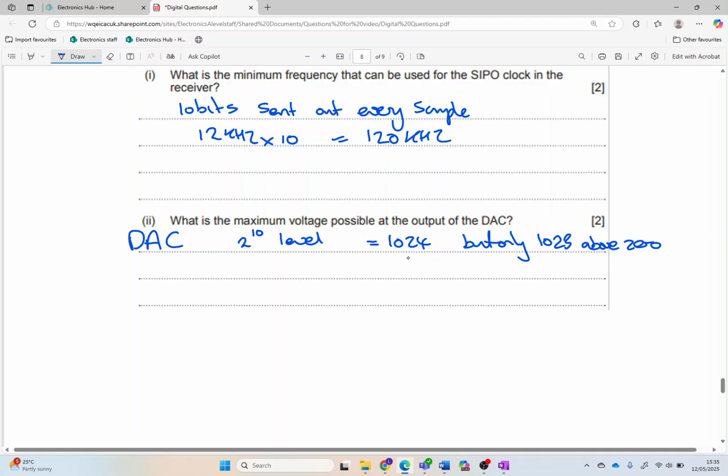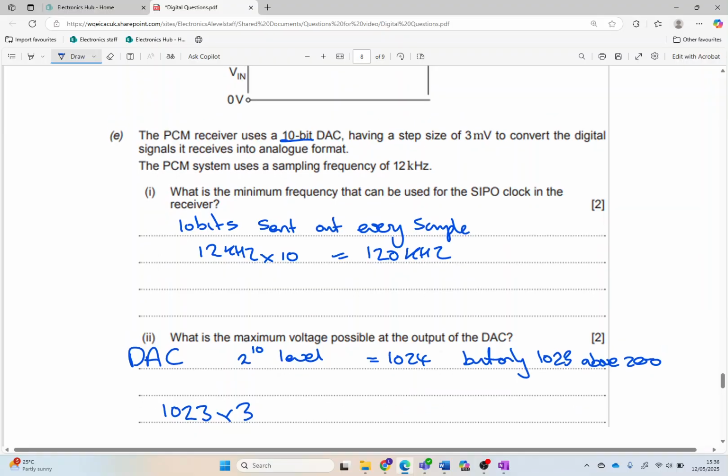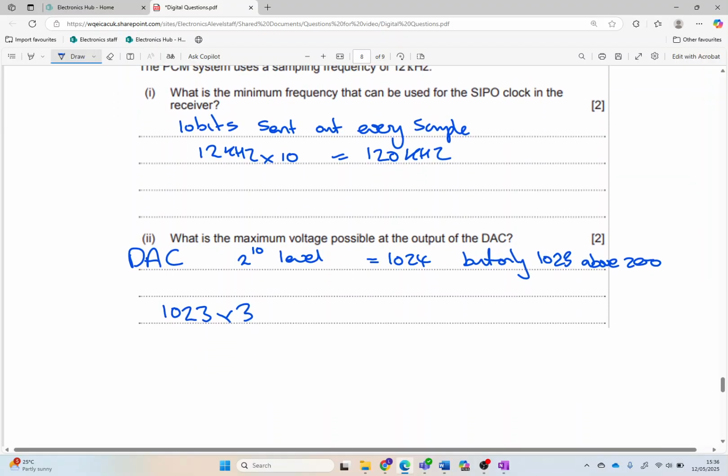So therefore, in working out what our highest voltage is, we've got 1023 levels above 0 times our resolution, which is 3 millivolts resolution. That equals 3.069 volts. That's the maximum voltage we could put into our digital analog converter.